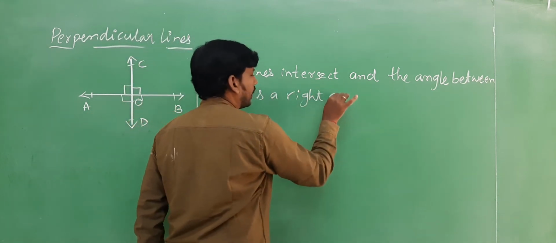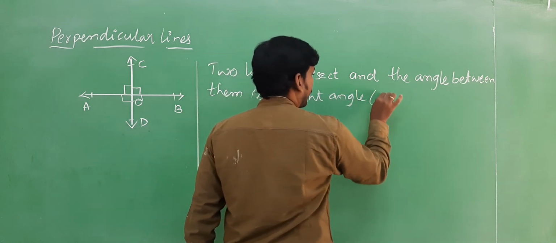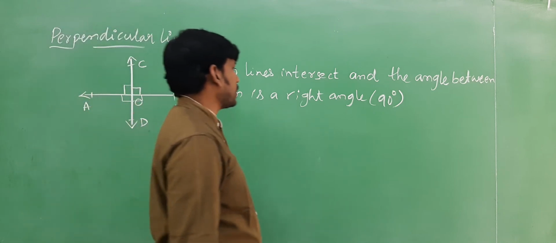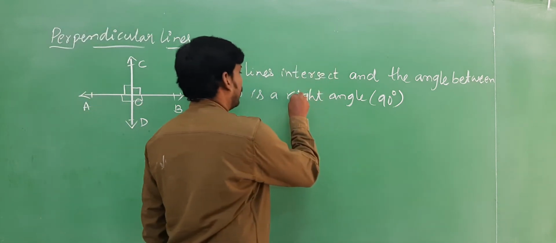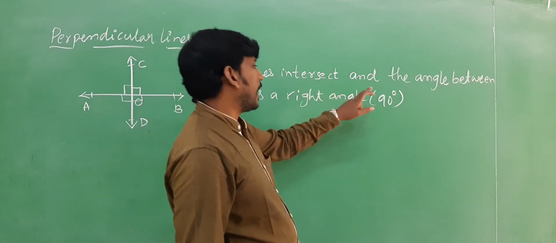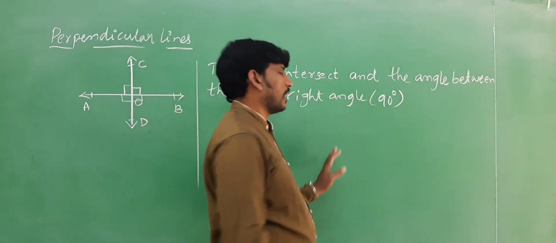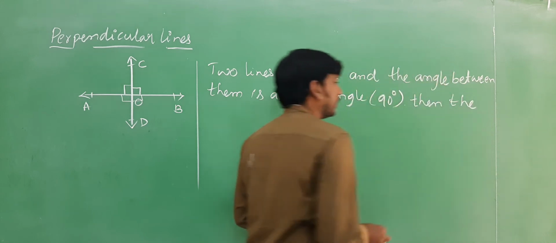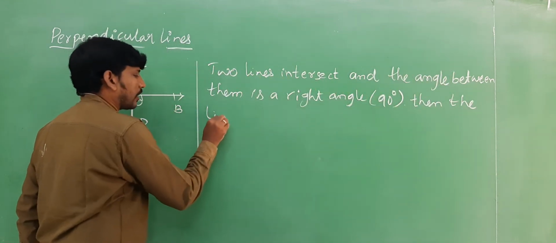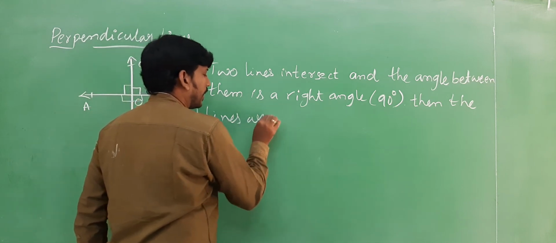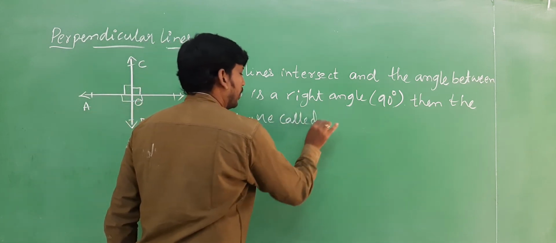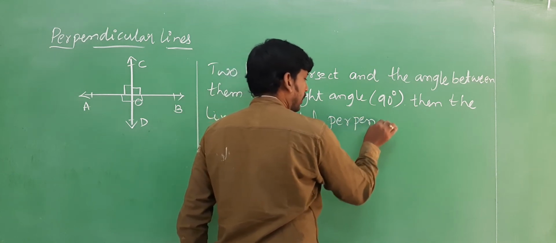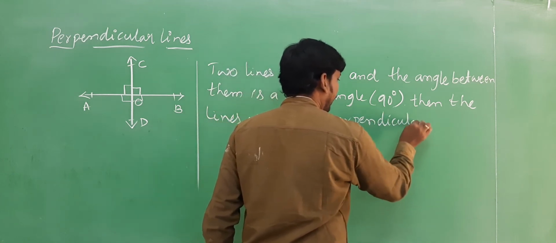So what is the measure of a right angle here? Yes, it is 90 degrees. Two lines intersect and the angle between them is a right angle, then the lines are called perpendicular lines. This is clear, children? Perpendicular lines.